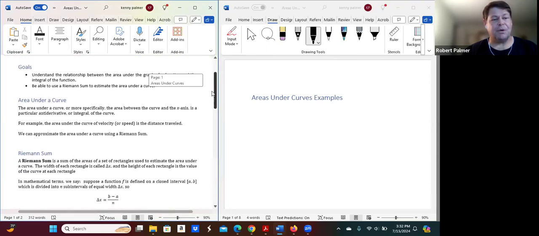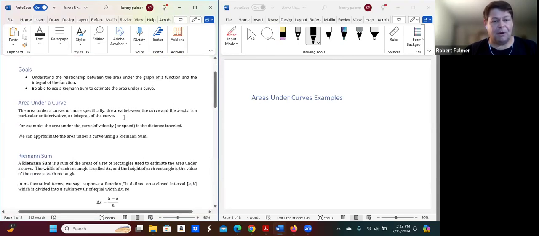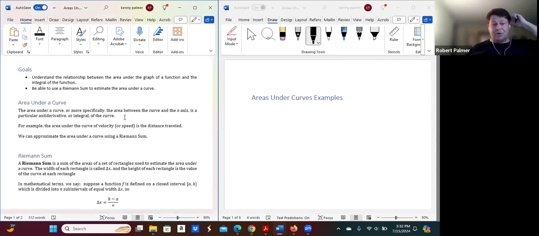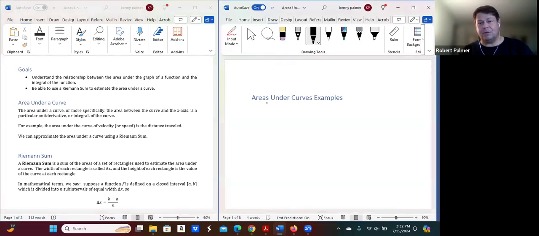So we're talking about the area under a curve, or more specifically, the area between the curve and the x-axis, which is a particular antiderivative or integral of the curve. Let's come over to the right for a moment.